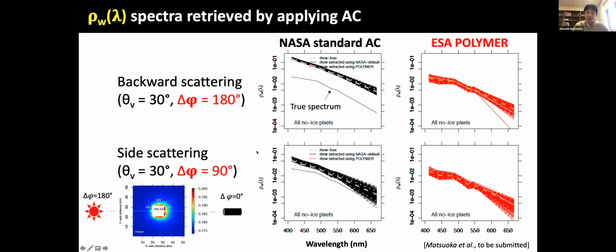Results show that the NASA standard algorithm provided an overestimate compared to the true spectrum at the two different geometries. In contrast, Polymer does a better job of retrieving water reflectance for this simulation case.